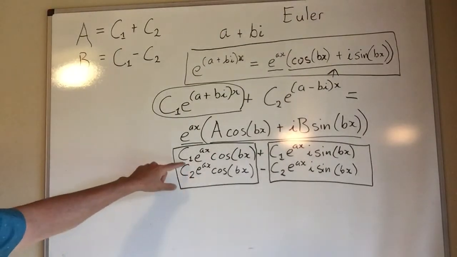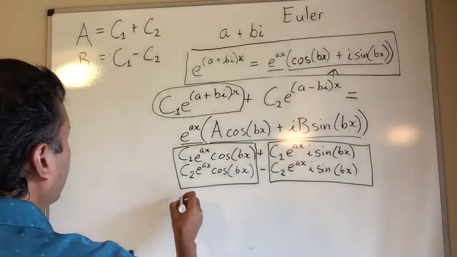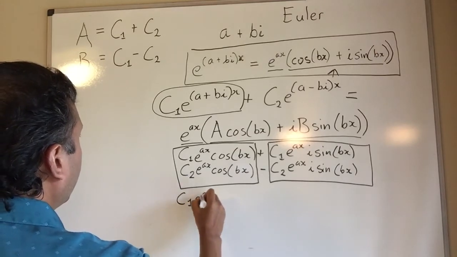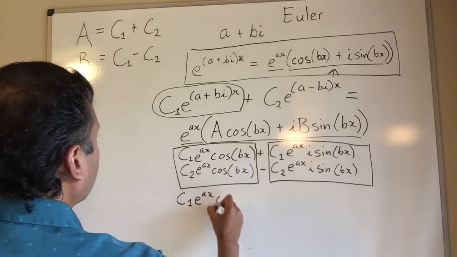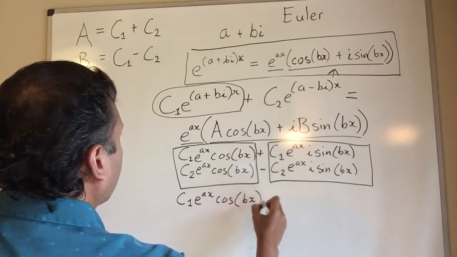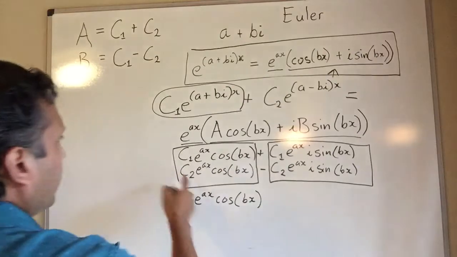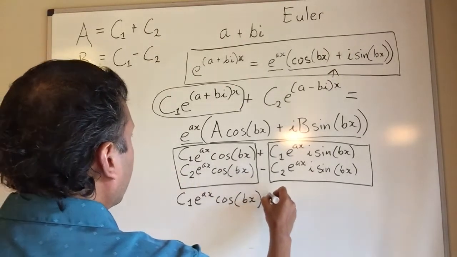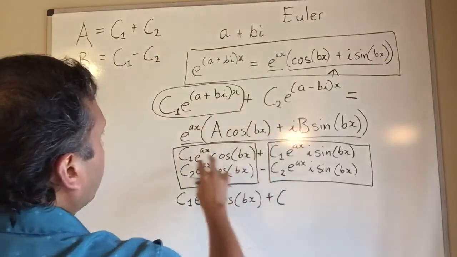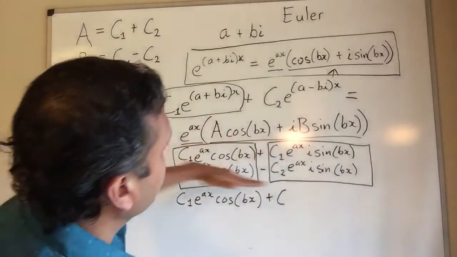So I'll have C1 times e to the ax cos bx plus, see, these two expressions gave me these two expressions.